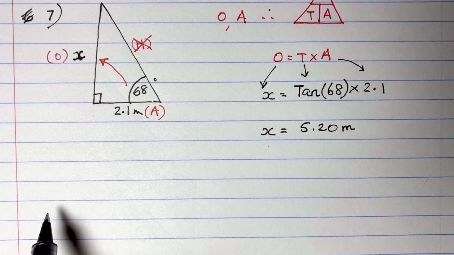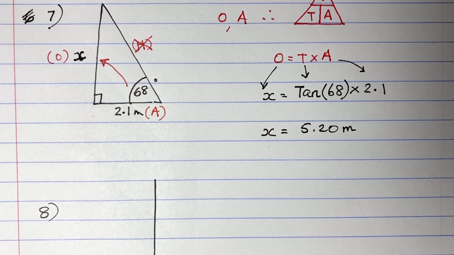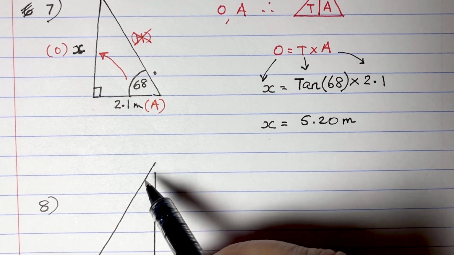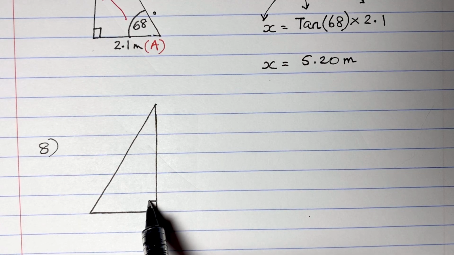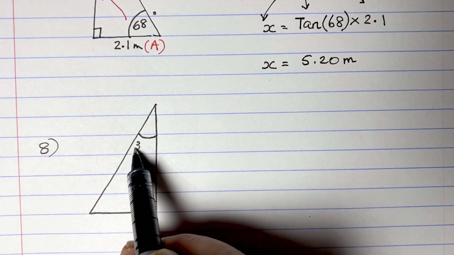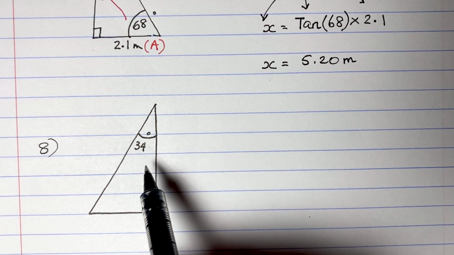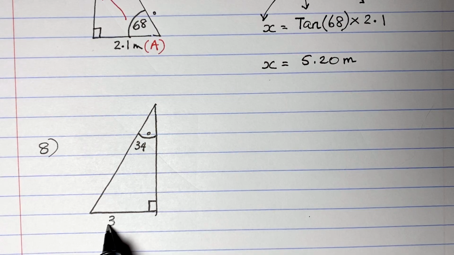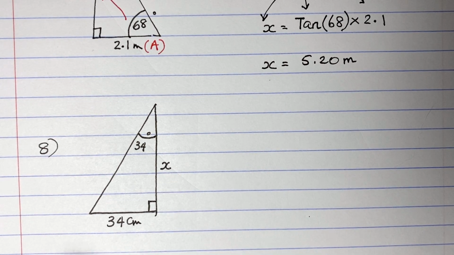Number 8. Here, it says 34 degrees. And this time, I give you the opposite, 34 centimeters, and I'm going to ask you for this side.